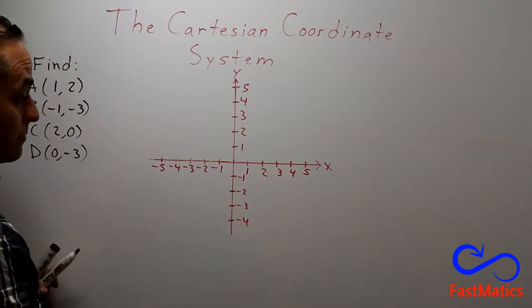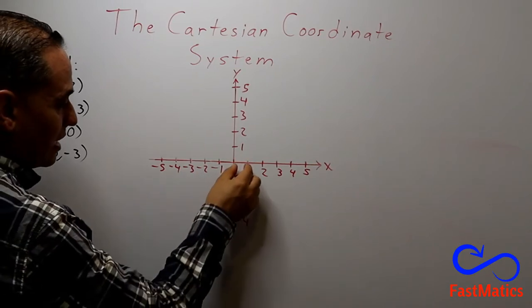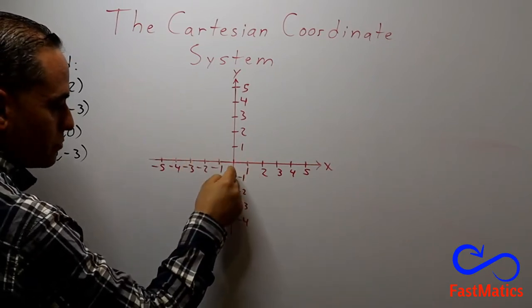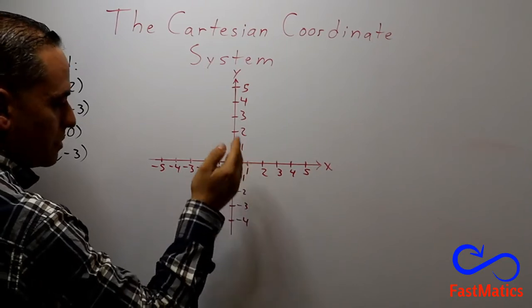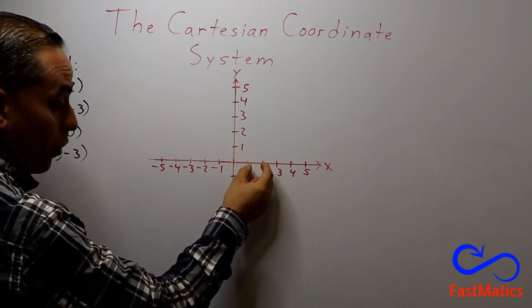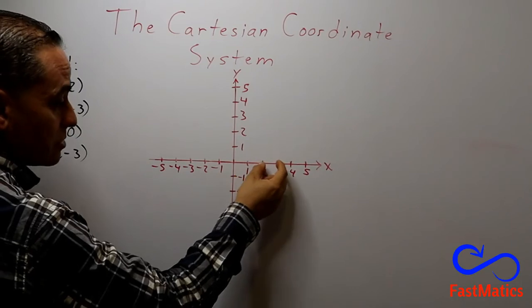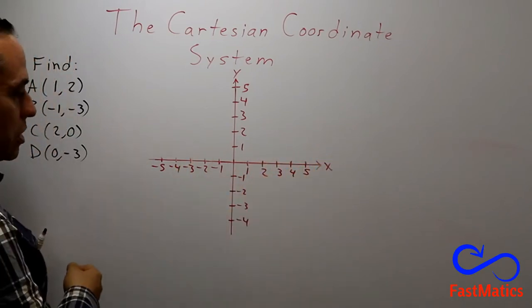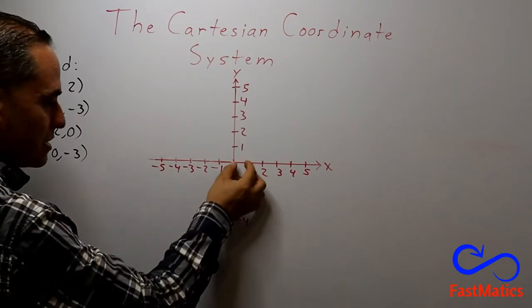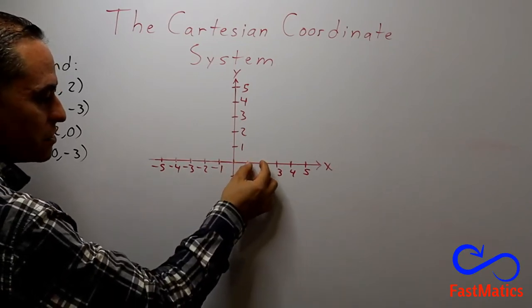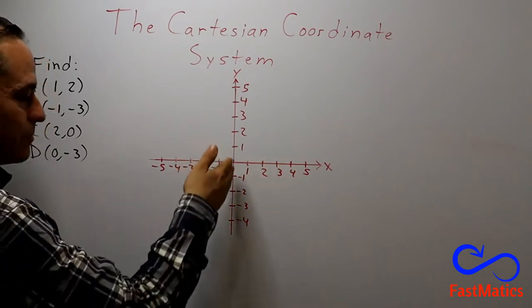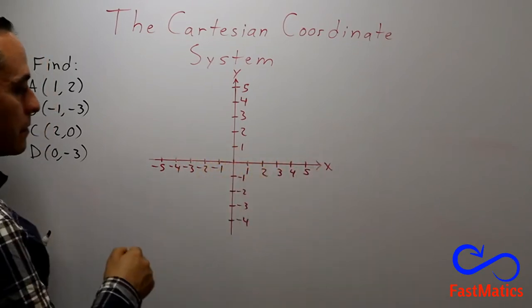It is important to say that if here you have maybe 2 centimeters between 0 and 1, between 1 and 2 you also have to put 2 centimeters, and 2 centimeters, the same distance. It is very important. You can't put 1 centimeter here, 3 centimeters there, 1.5, no. You have to keep the same distances.